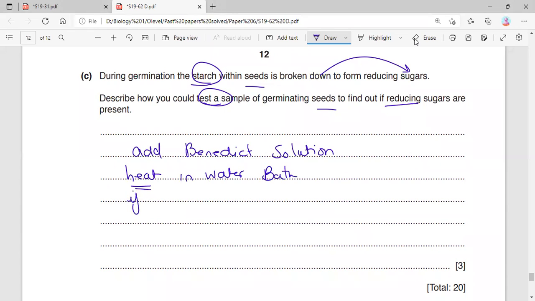If sugar is present, the color will be orange-red. It will be red or orange-red. Okay, and that's it.